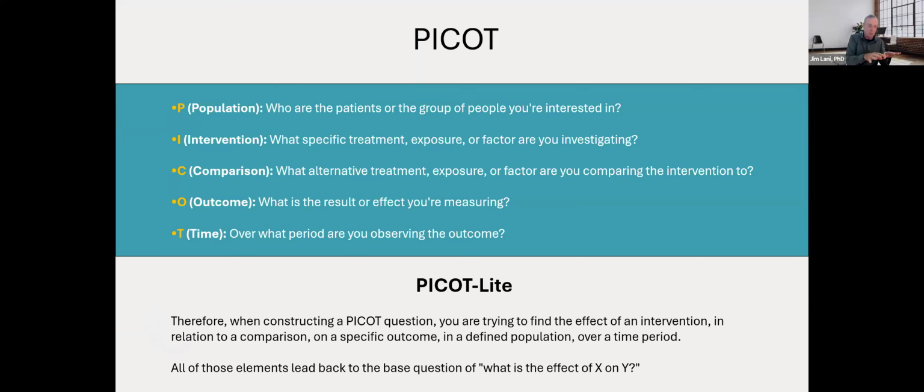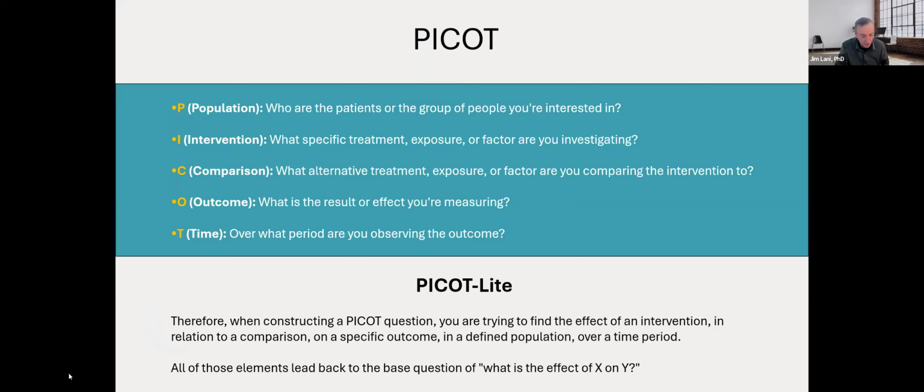I get the value of the PICO question, but I want to make sure that you have in your brains the essence of the question. And the essence of the question is really around the outcome measure and what you're comparing it to. I'm looking at pain scores from pre to post. I want to see if this intervention impacts pain scores or competency or whatever.